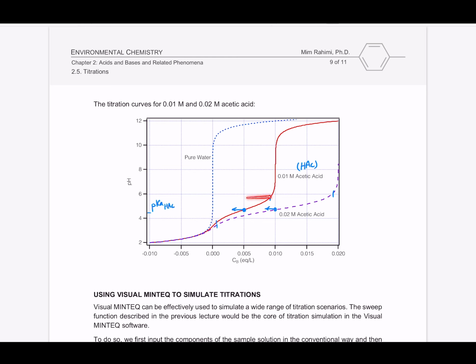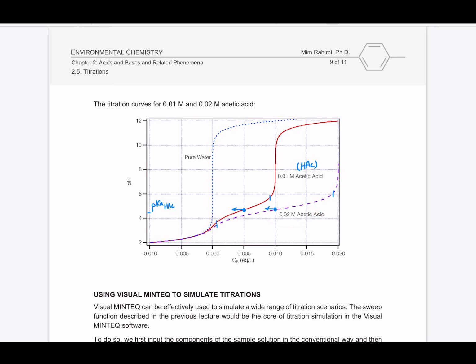So the buffer zone for both would be the same, but it's more gradual for this one because you have more to neutralize compared to this one, twice more compared to that one.